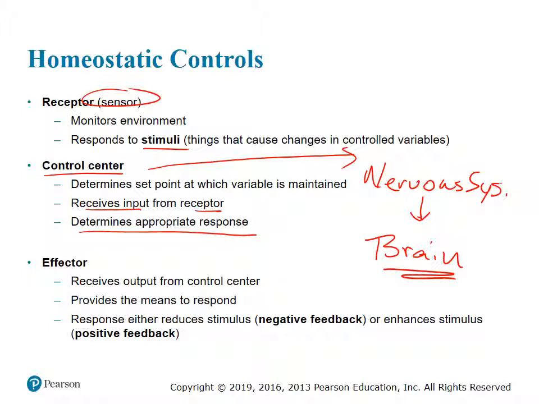And then the effector receives the output from the control center, and will respond to it. Okay? Now, if the response by the effector is going to decrease the stimulation, we call that a negative feedback.